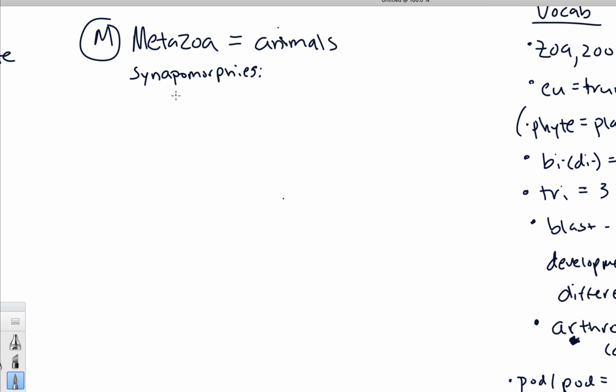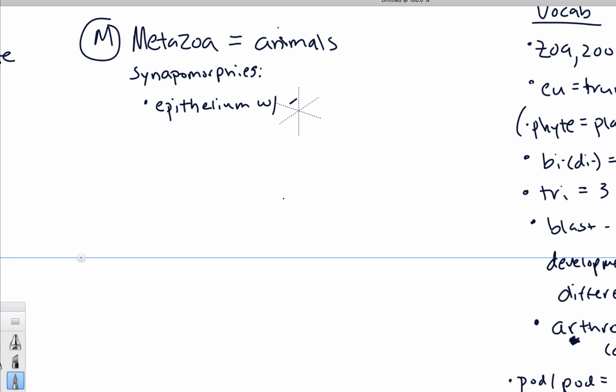Not even muscles or nerves, although those are animal unique, but not all animals have them. So we're really just looking at a few characteristics. Certain types of tissue called epithelium, that's tissue that lines the outside of organisms in a sheet, and it has particular junctions.